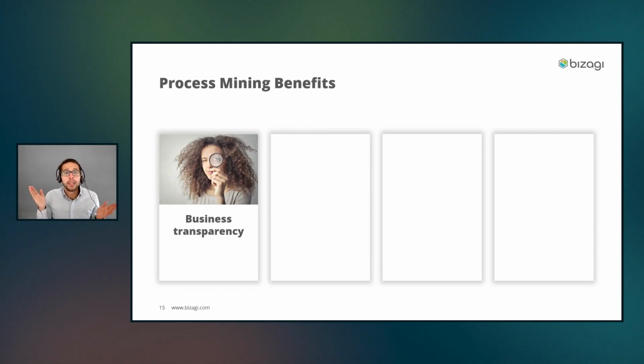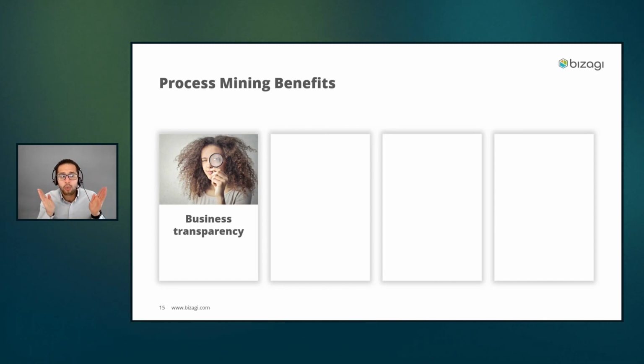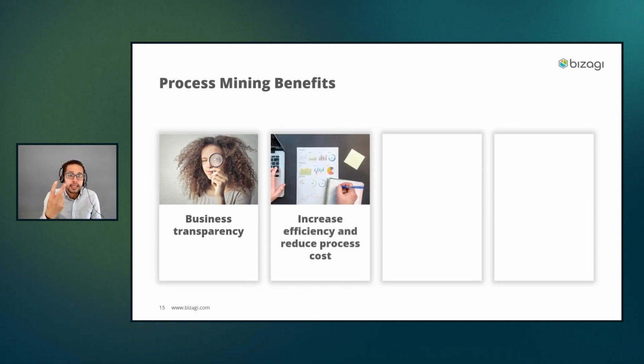Maybe it was something missing at the beginning of the definition of the process. Maybe they found a better way to do it, and we need to include it in the process definition. So with this information, one of the main benefits you will perceive really quickly from process mining is business transparency. Everyone will understand much better how processes work. The second one: increased efficiency and reduced process costs.